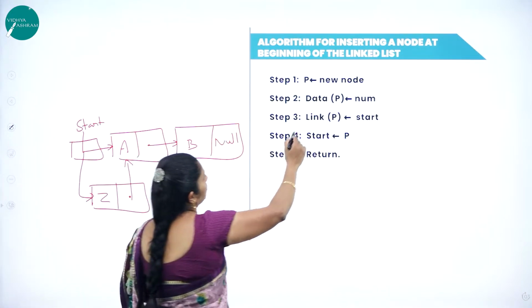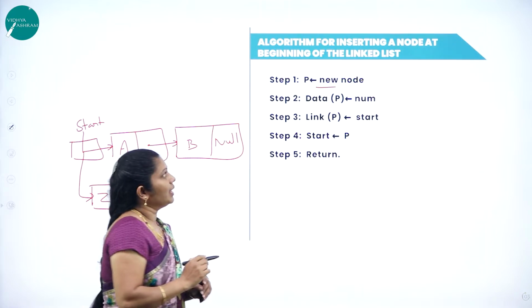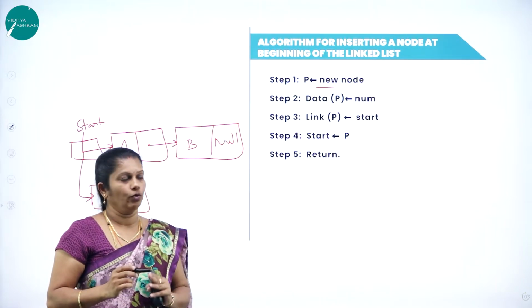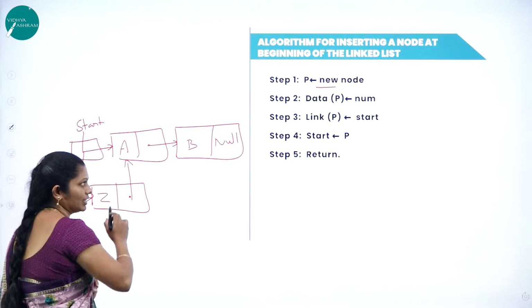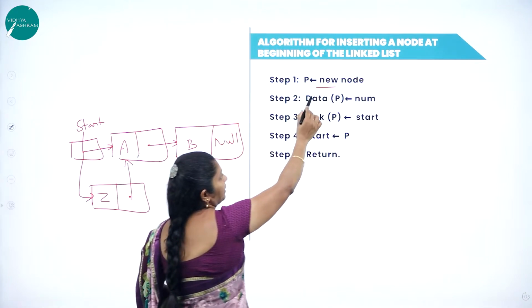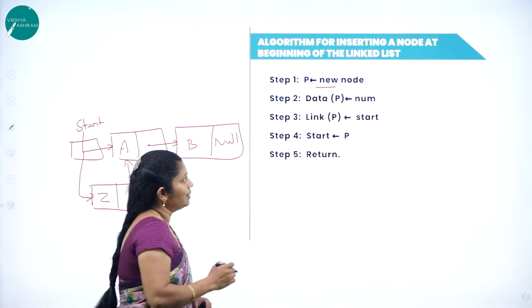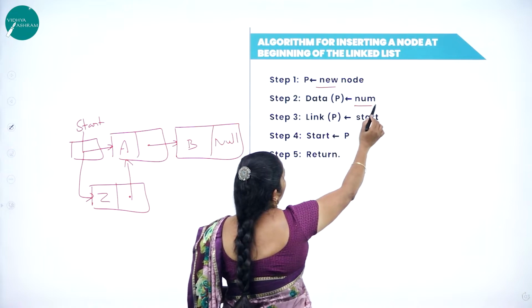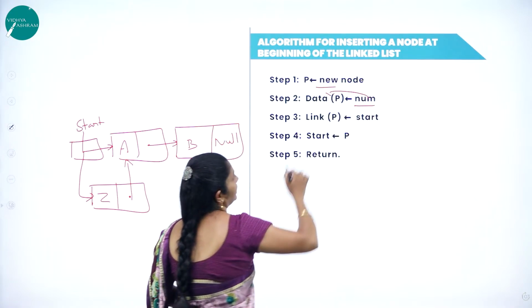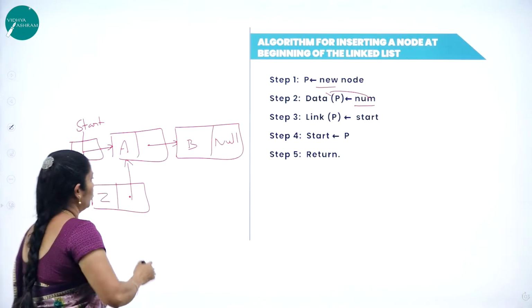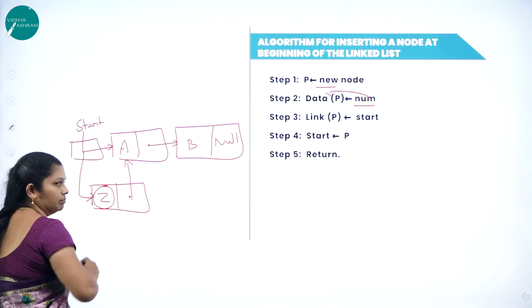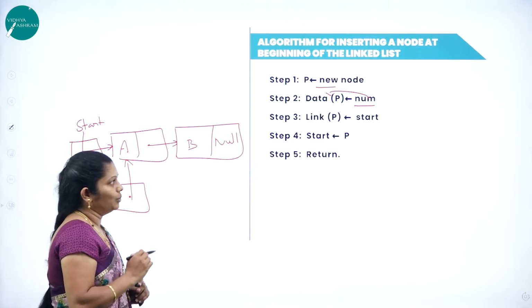In the first step, P assigns new node. We have to create one node first by using the new operator. Then in step 2, we have to add num to the data part of that node. We have to add the value, number, to that new node.